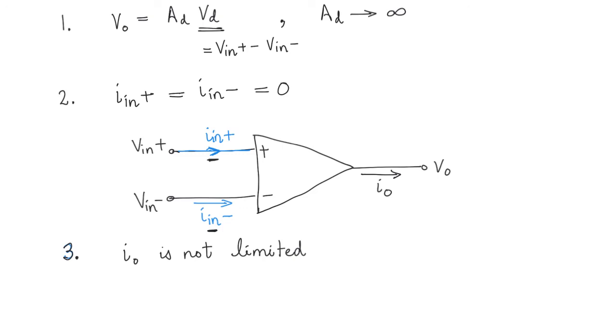So in other words, what we are saying is basically that an op-amp cannot be loaded. Okay, so that's our third assumption. So these are the three characteristics of ideal op-amps, and we are going to use this to make circuits and to develop op-amp circuits in the next video.